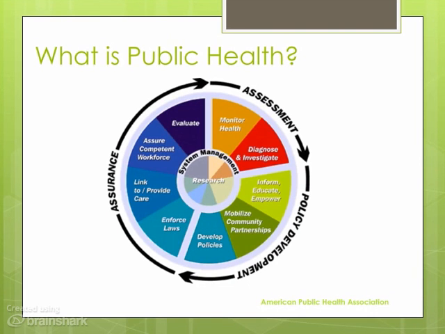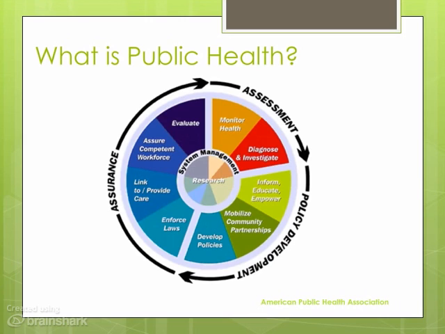When we talk about public health, it's difficult to talk about public health without talking about the 10 essential public health services, which were established about 20 years ago in 1994 through a steering committee for the American Public Health Association.